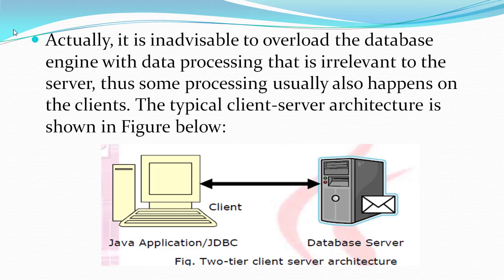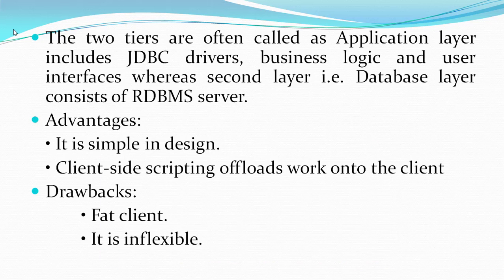Java application, JDBC, client server, client system, and now the database server. In the two-tier client server architecture, two components are active: client and server. The two tiers are often called the application layer, which includes JDBC drivers, business logic, and user interfaces, whereas the second layer, that is the database layer, consists of RDBMS servers.